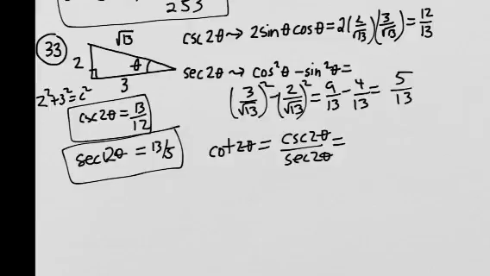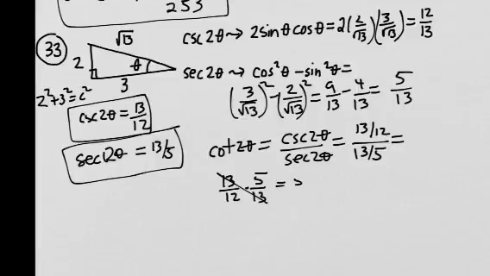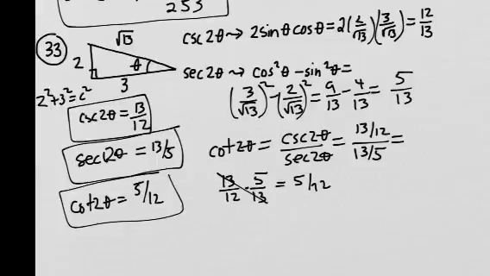So cosecant 2 theta is 13 over 12, secant 2 theta is 13 over 5. When I simplify this fraction, I get 13 twelfths times the reciprocal of 13 fifths, so it's times 5 thirteenths, so it's 5 twelfths. So cotangent 2 theta is 5 twelfths. And there are the final answers.